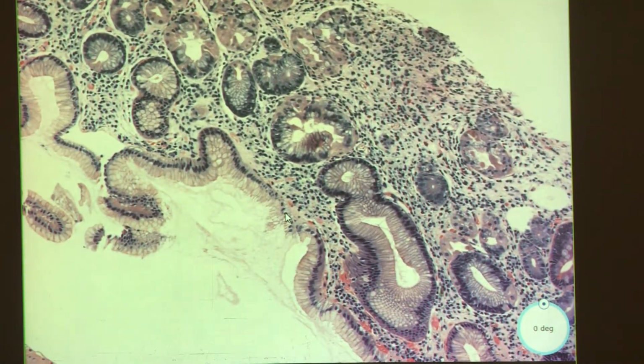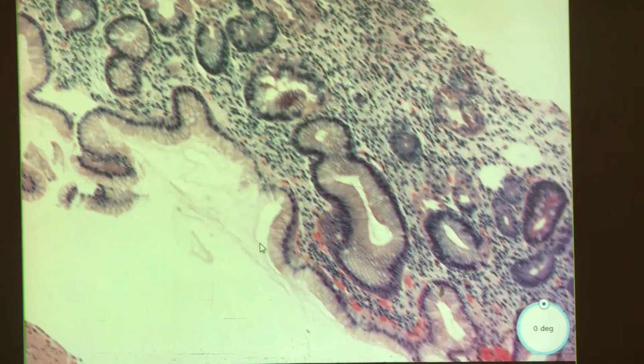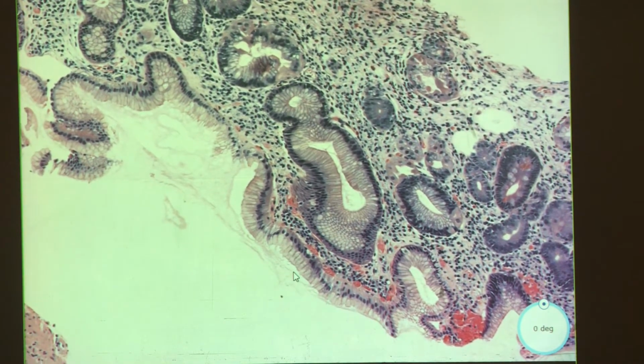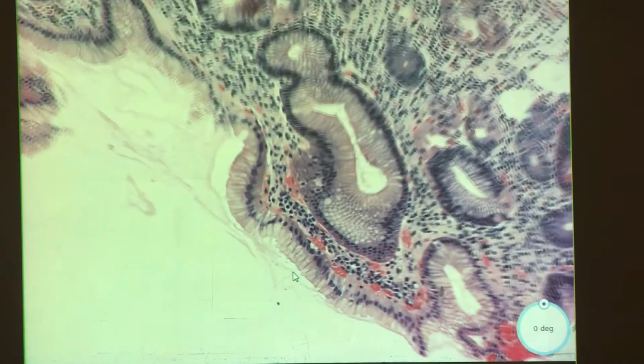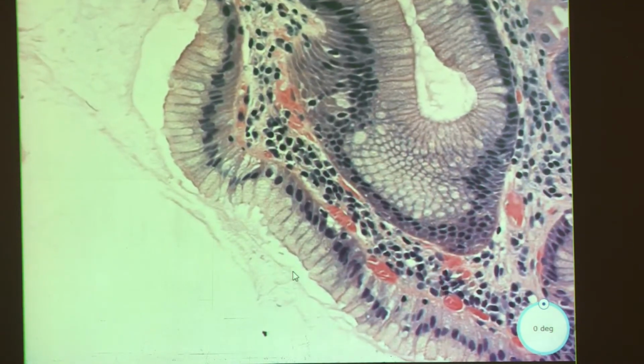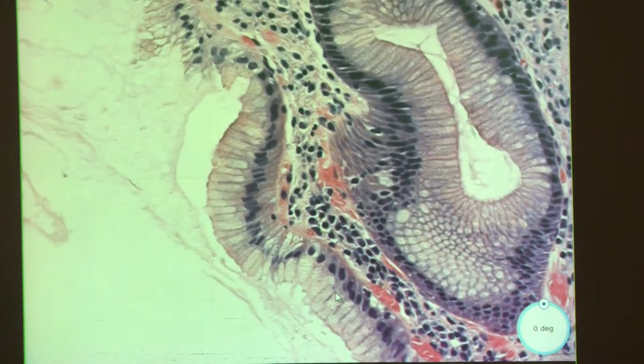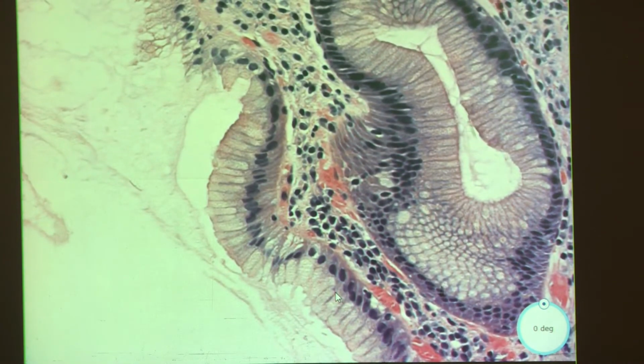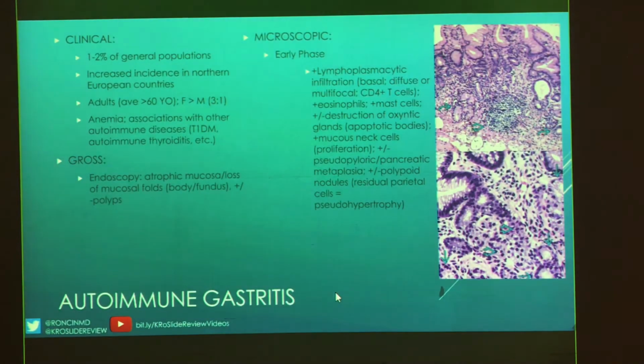What I didn't really appreciate a lot of in either of these cases was the apoptotic bodies, but I think both of these probably still fall within the realm of early phase. I do struggle with this, so it's always something that I need to look at quite a few times.